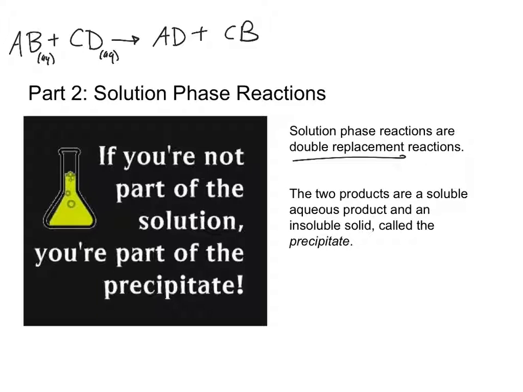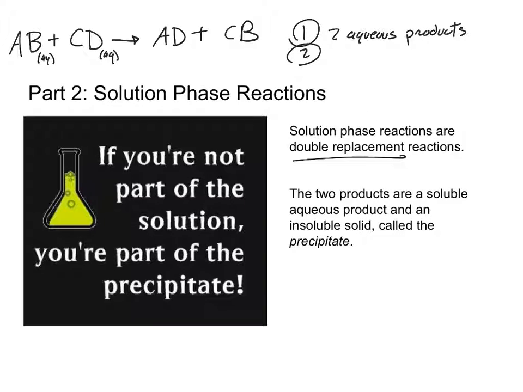So in this case, the issue is that you have to identify one of four things that make it a double replacement reaction. The first thing you are looking for is if you have two aqueous products. That's one thing you have to look for.